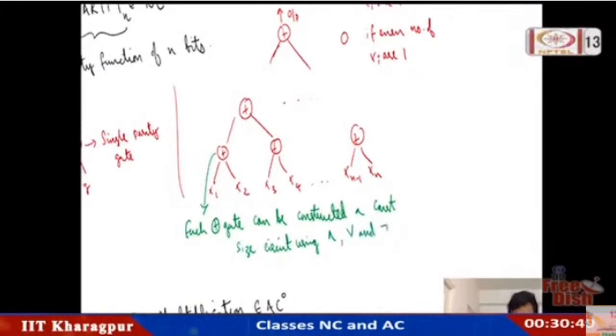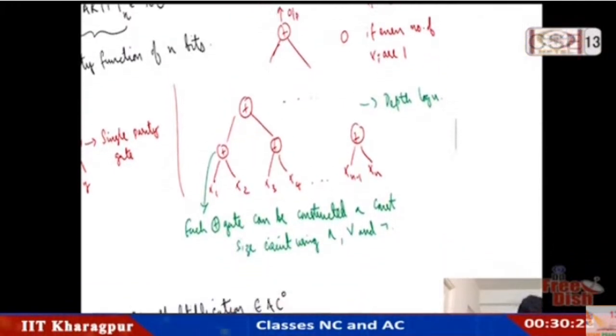Now the depth, if you measure, there are n inputs, the depth is log n. And you can verify that this indeed computes the parity function. If you just cascade the 2-bit parities as a tree, then you will indeed get the n-bit parity.